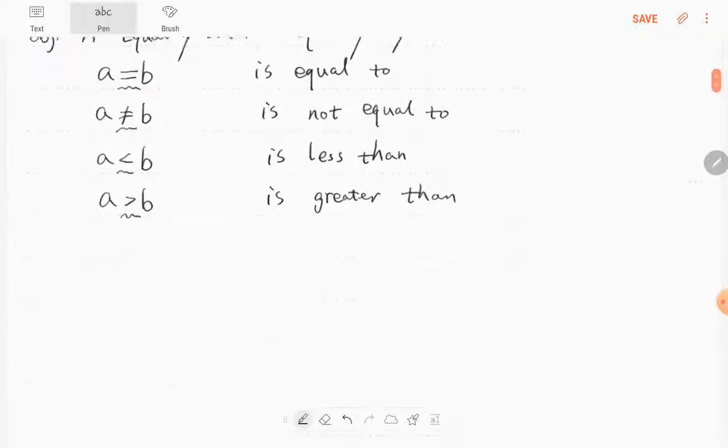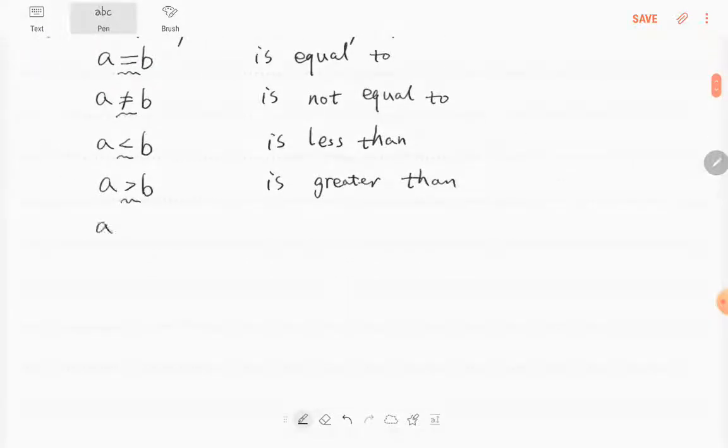But make sure you know we also have this symbol, both less than and equal to. So this means is less than or equal to. So A can be equal to B or A is less than B.